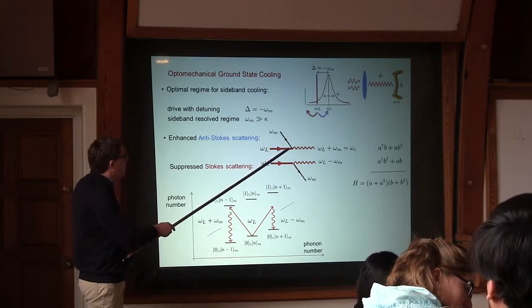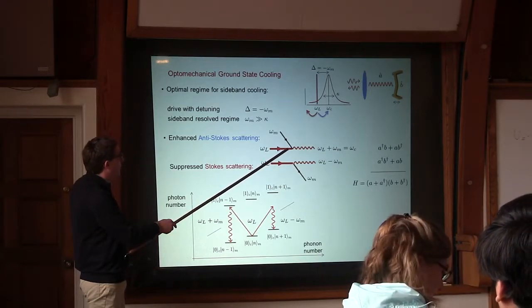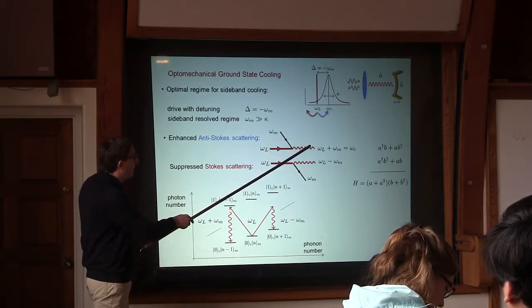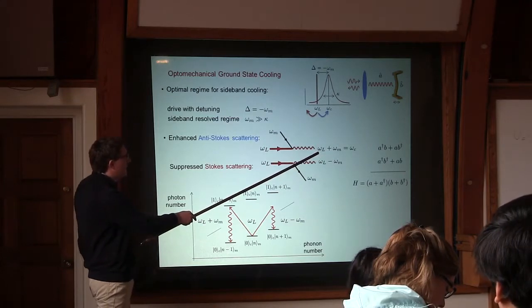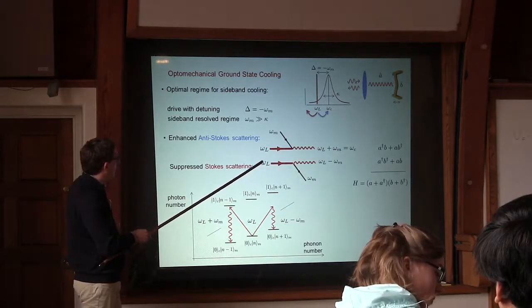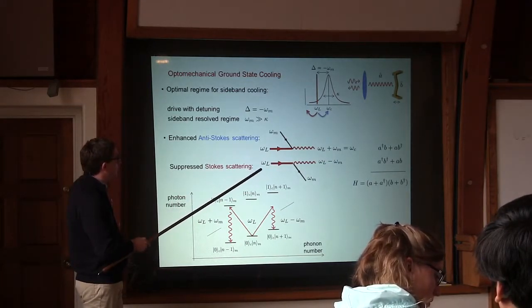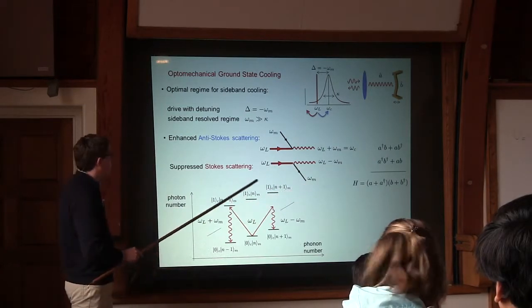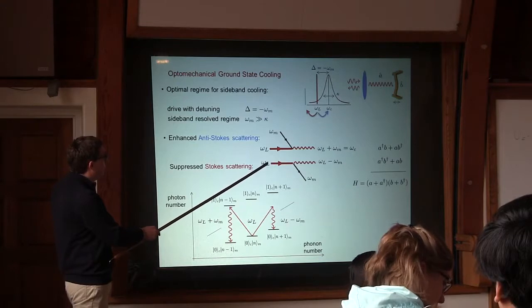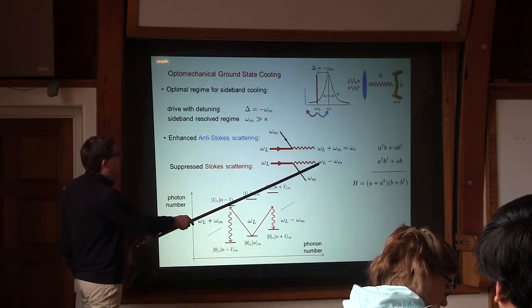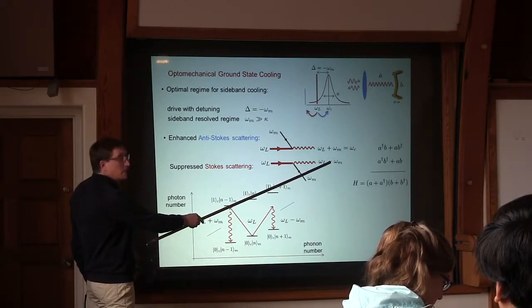We're coming with a laser photon, and now we can suck up a phonon from the mechanical oscillator and create another photon at now a higher frequency, laser frequency plus omega m, so at the upper side. And that is called the Anti-Stokes scattering process, and in these processes here, described by these terms in the Hamiltonian, we take a laser photon and we release a phonon and generate at the same time a photon at the lower sideband frequency.